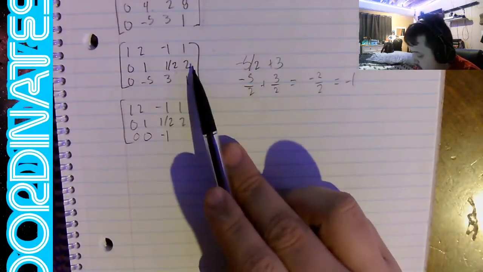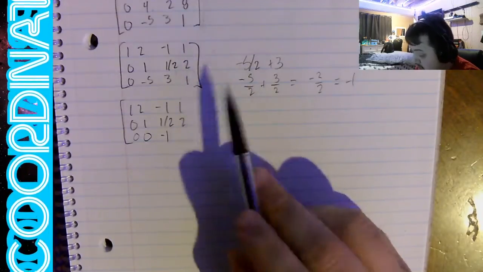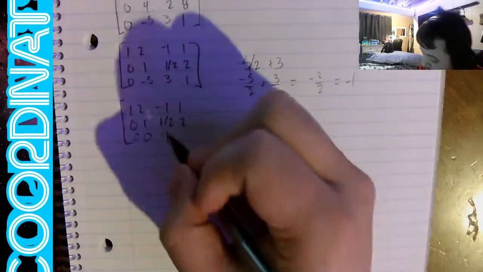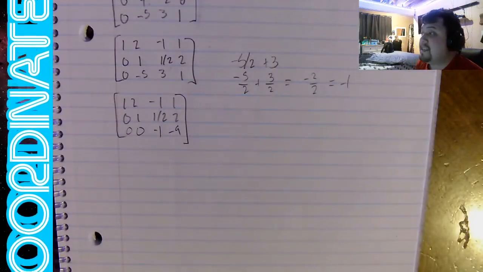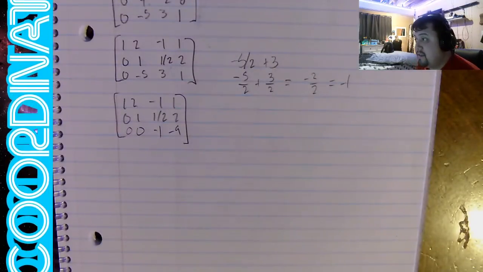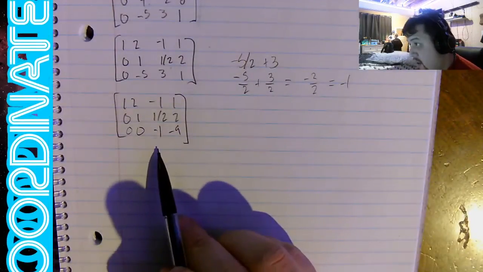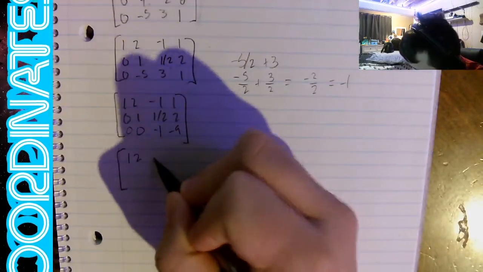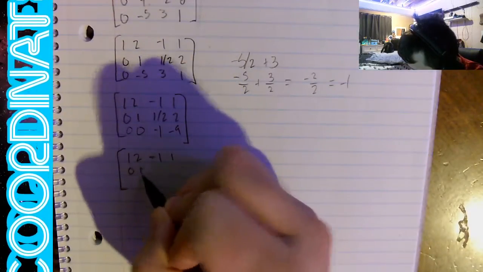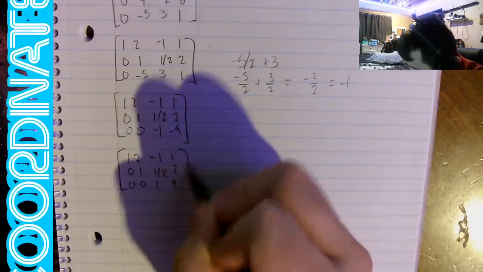Anyways, so we still have to deal with this too, times negative 5, negative 10, plus 1, negative 9. And look, now I don't have to deal with that nasty fraction of 5/3 at all. I'm going to divide this by negative 1 to get me that 1 again, and voila.